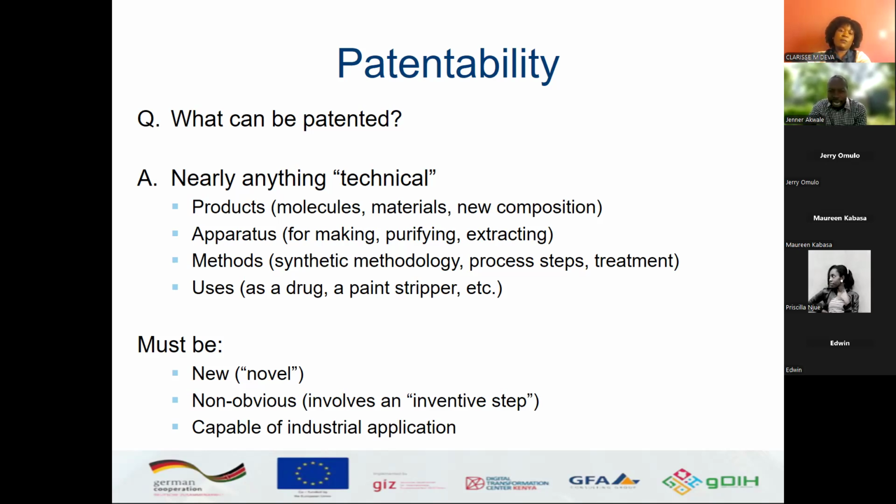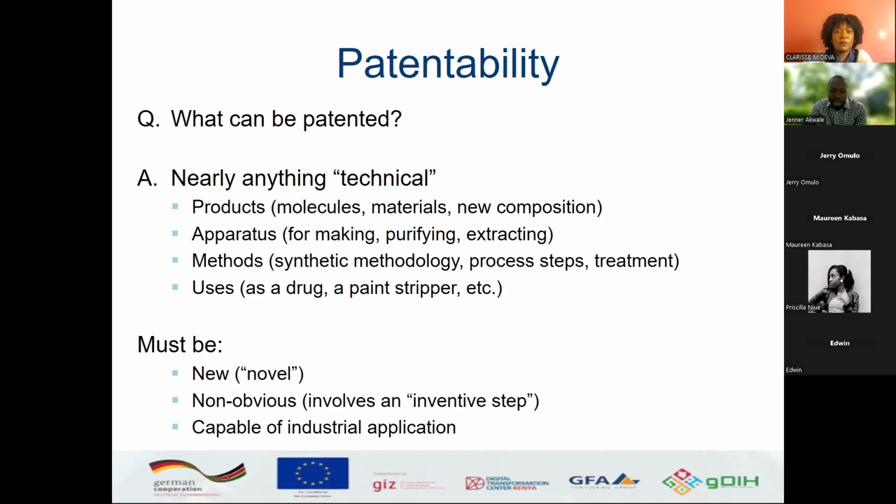Then we have apparatus, maybe for making soap, apparatus for making flour, purifying, maybe sunflower extracting, whatever would qualify for a patent. And then method, also that will be protected, and the process, the steps that we'll be using, those can be protected under patent.